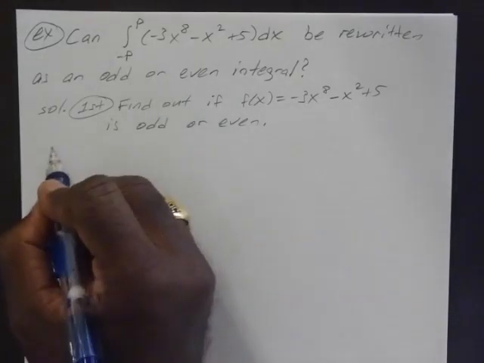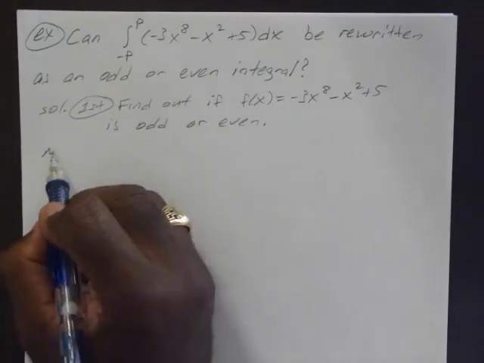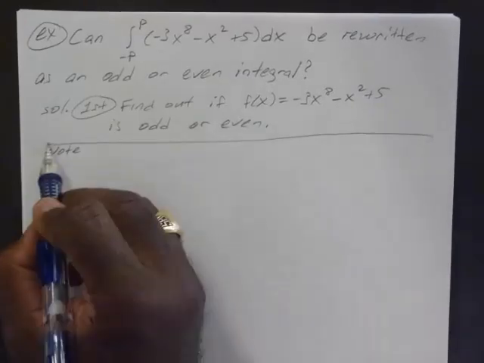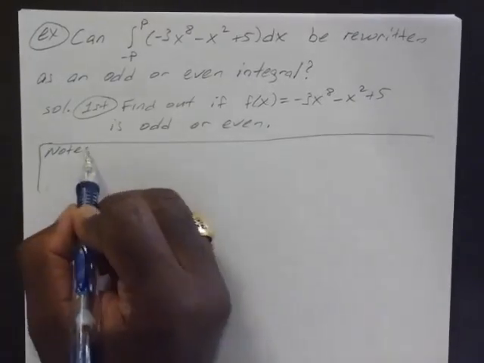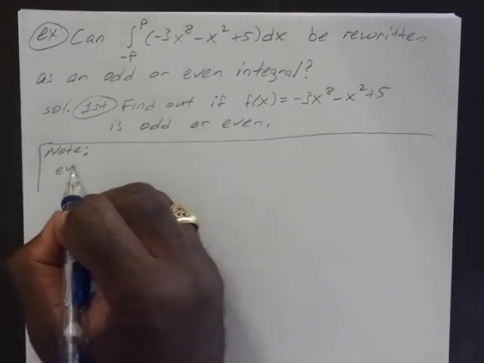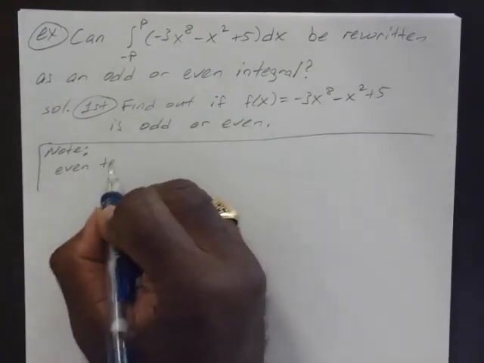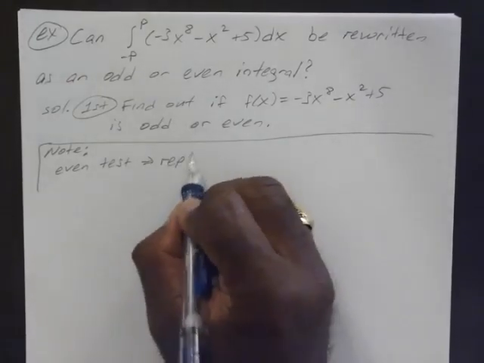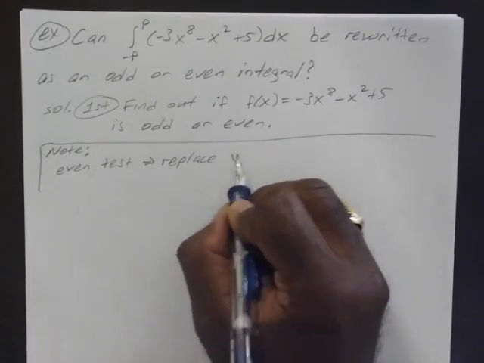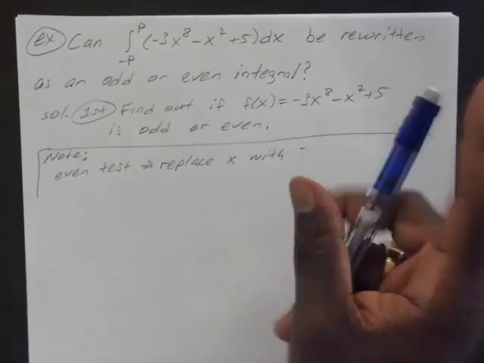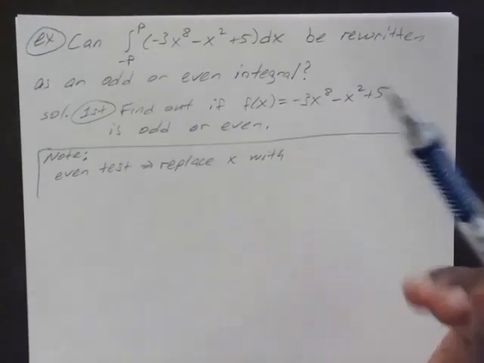Okay, so the test to find out if it's even, I'll just put it as a little note here. I don't know if you remember it, but if you don't, this way it's a bit of a refresher. So the even test, we're just going to replace x with negative x.